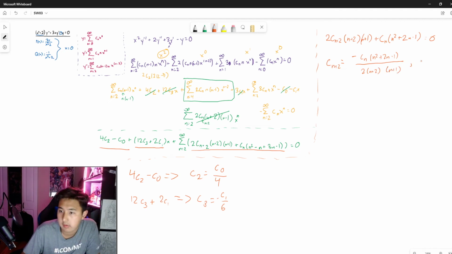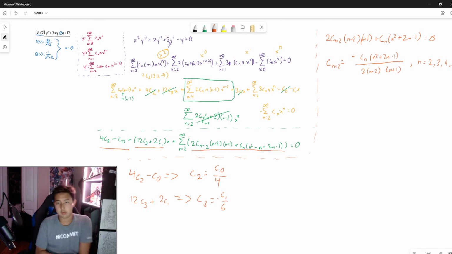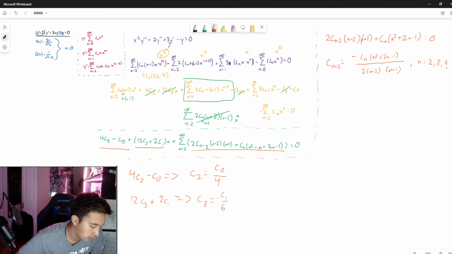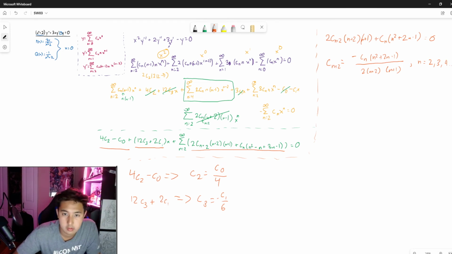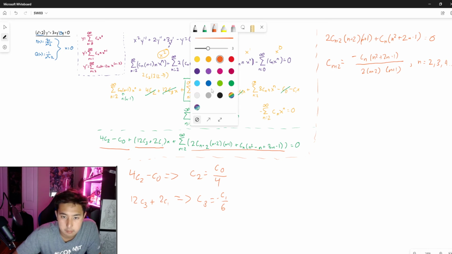And then n in this case is a power series, so it has a minimum of 2 as we established earlier, but it keeps going onward one by one all the way up to infinity. So if we want the first two solutions of the series, we would solve for n equals 2 and n equals 3. To do that, we simply plug in.